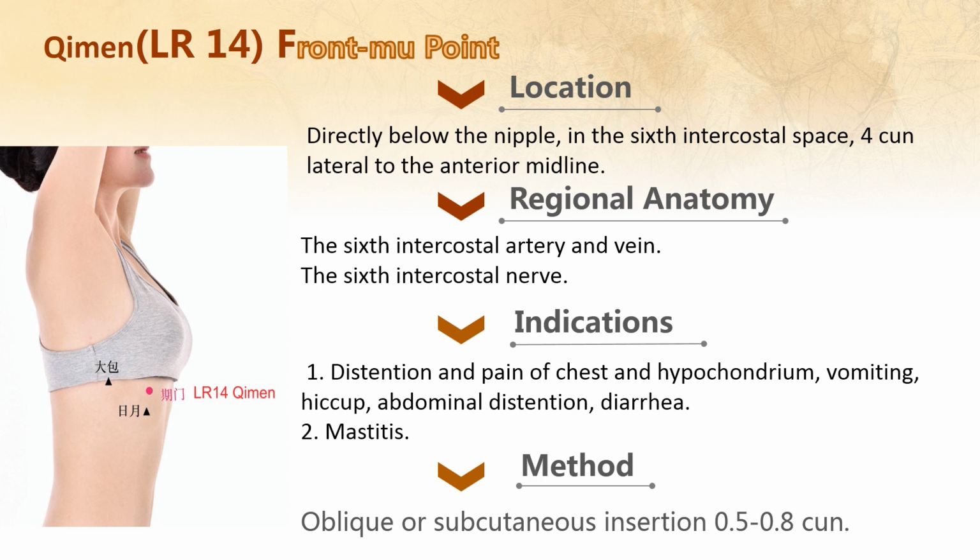This point can be used to treat distension and pain of the chest and hypochondrium, vomiting, hiccup, diarrhea, and mastitis. The operating method is subcutaneous insertion 0.5 to 0.8 cun.